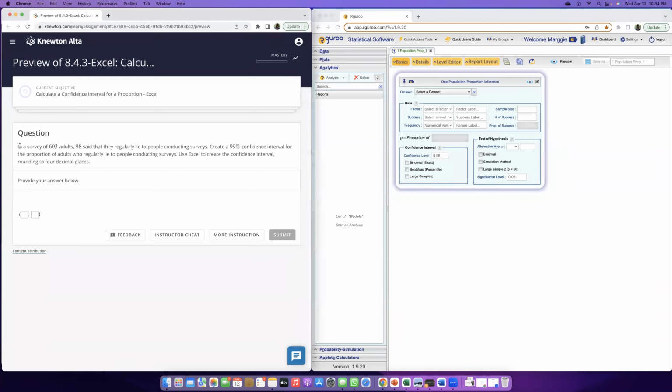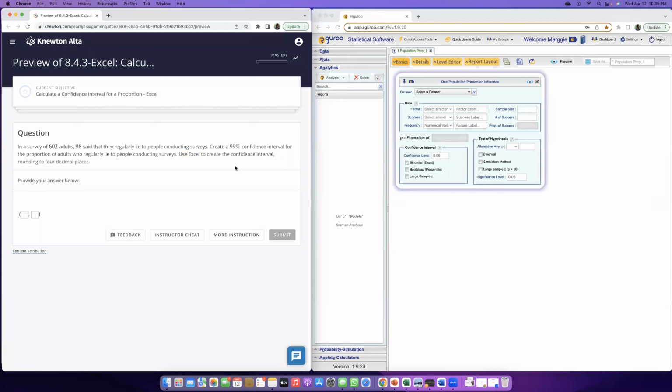So we have a survey of 603 adults, 98 said that they regularly lie to people conducting surveys. We are being asked to create a 99% confidence interval for the population of adults who regularly lie to people conducting surveys. Again, we are not using Excel. We're going to use RGuroo to create a confidence interval rounding to 4 decimal places.